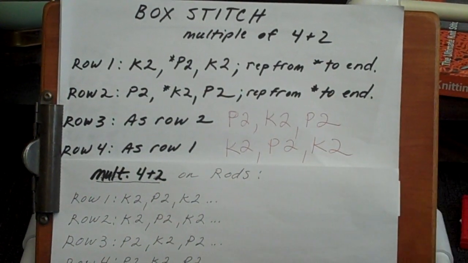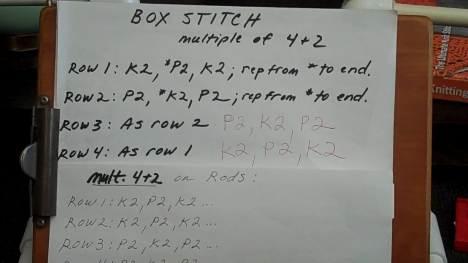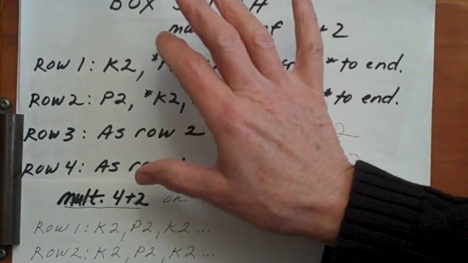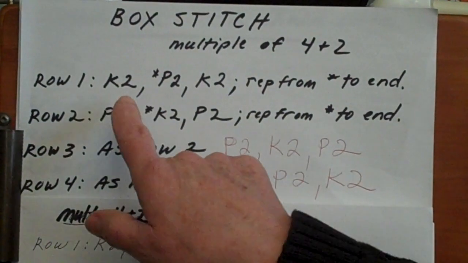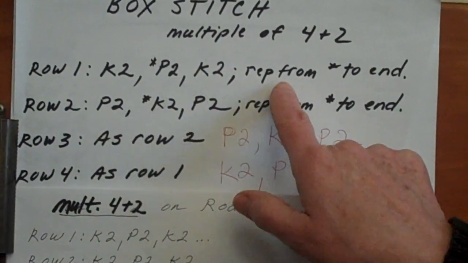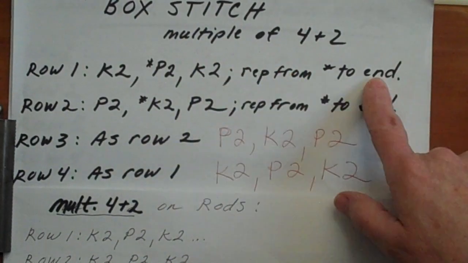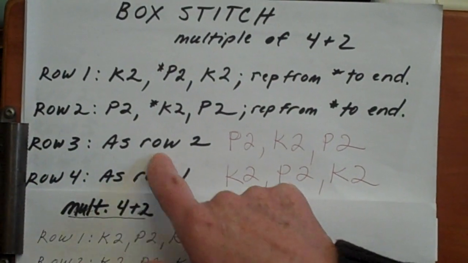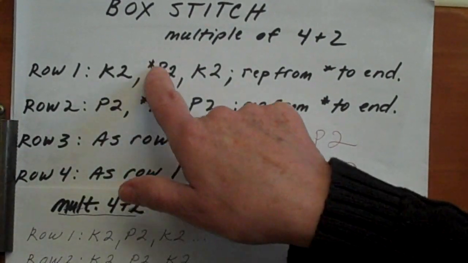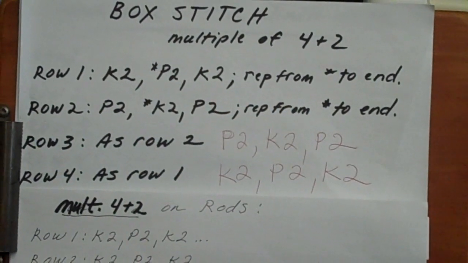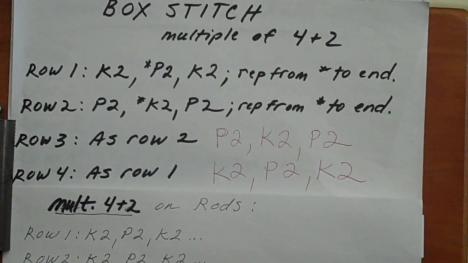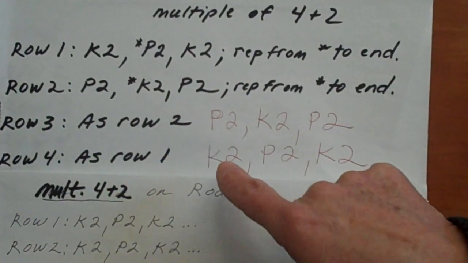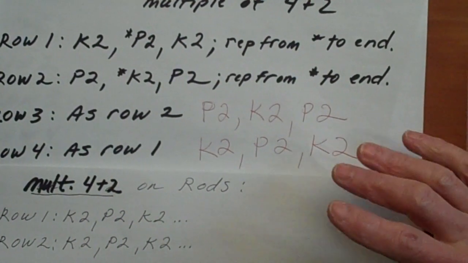Okay, now, what we have to do to transpose a pattern, let's say this is the pattern right here, this 4-row repeat. So they want you to knit, purl, knit, and then repeat from that asterisk to the end of the row. Now your pattern might just read row 3 as row 2 and row 4 as row 1. So in order to transpose it, in order to avoid confusion, it's easier if you just go ahead and write out what row 2 is and write out what row 1 is.